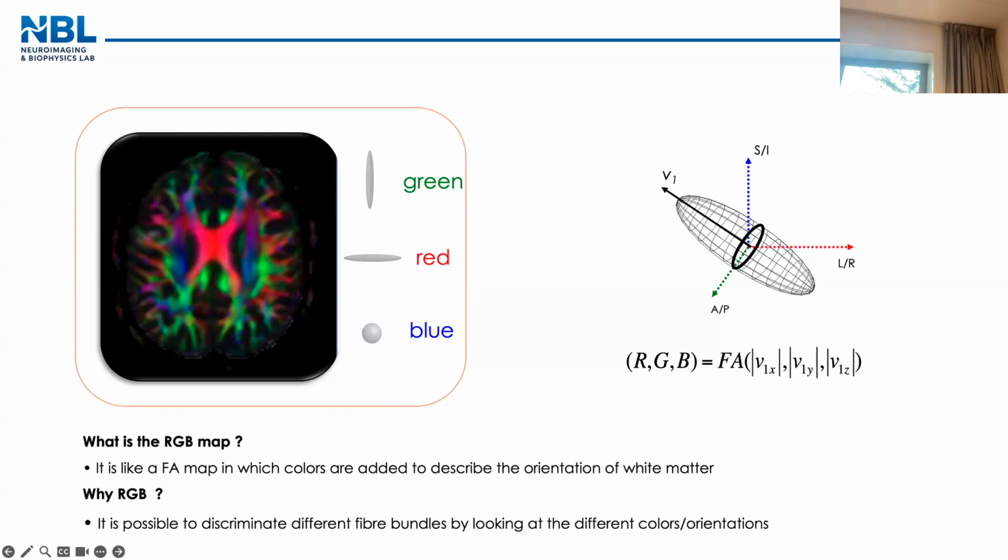So probably there are different pathways going through the same region. Of course, it's not as easy to read as tractography, but you start to have directional information, and you can start to think with it.